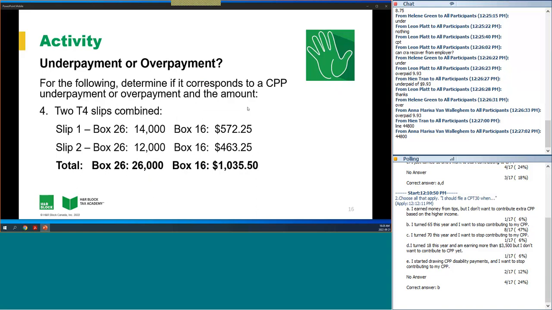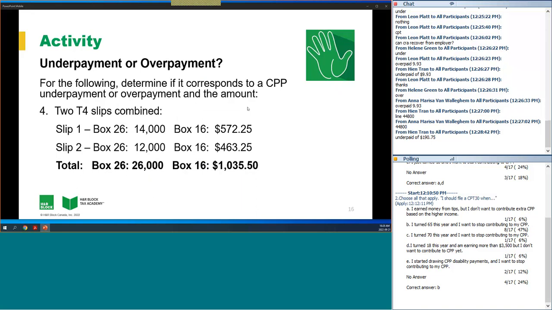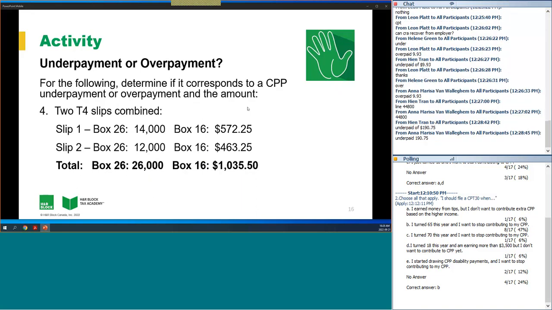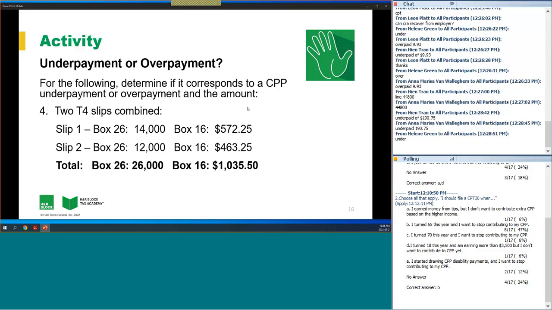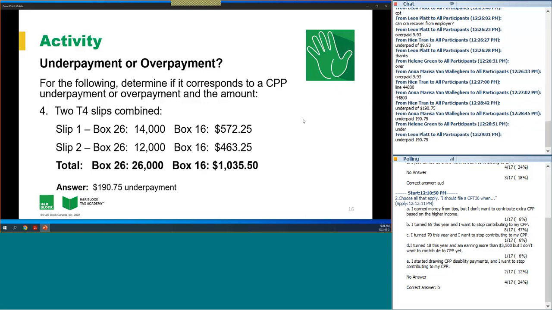And then you're going to tell me, is it an overpayment or an underpayment and how much? $190.75 underpaid. Pretty much everyone's agreeing. I agree as well. In this case, they have underpaid.